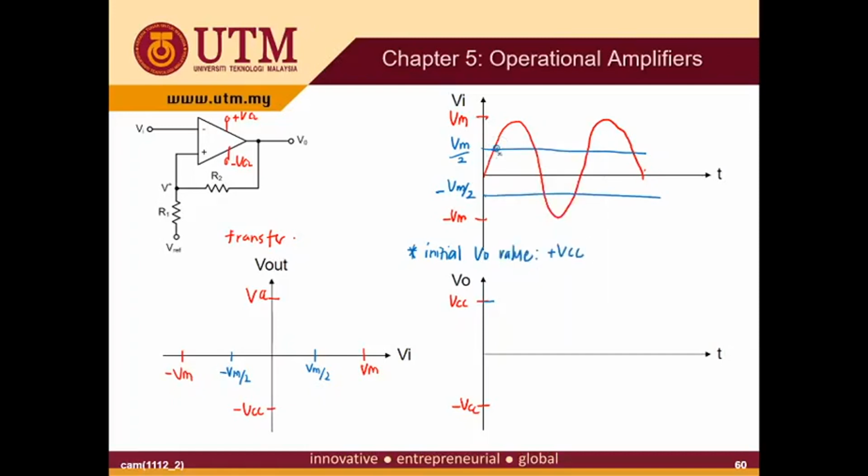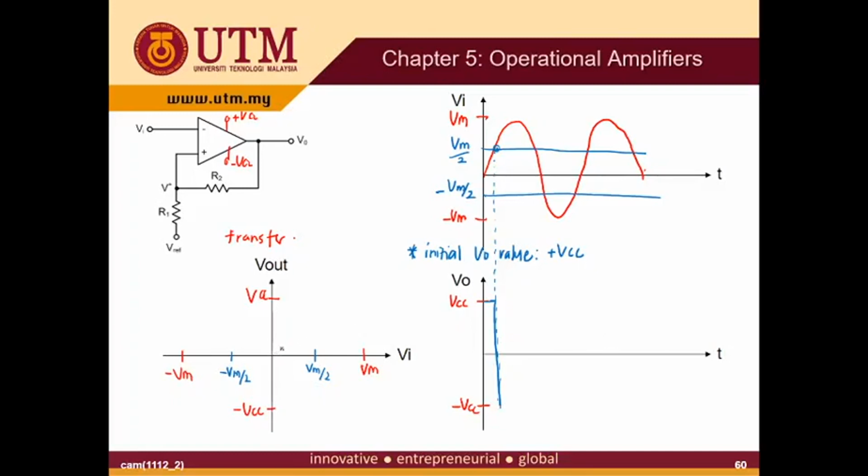So VUTP will become the trigger point. In this case, at this point it is triggered, so it will transition or switch to minus VCC. So this is at the output.